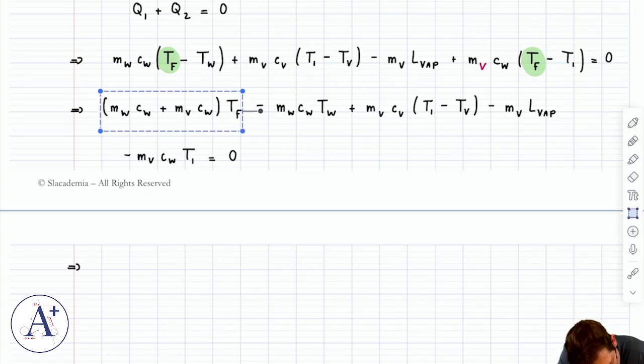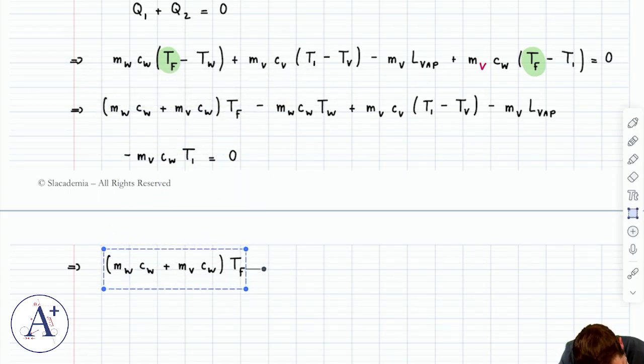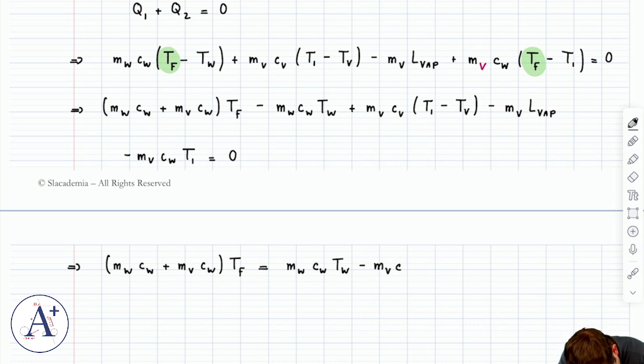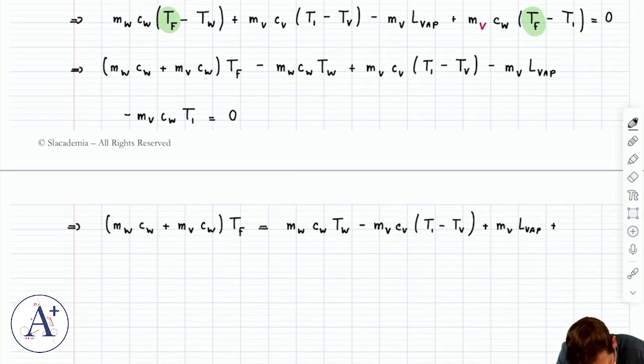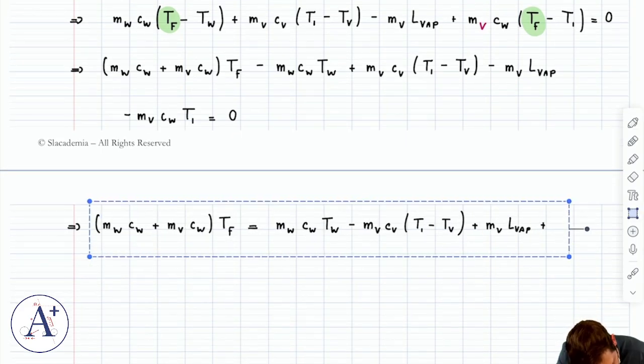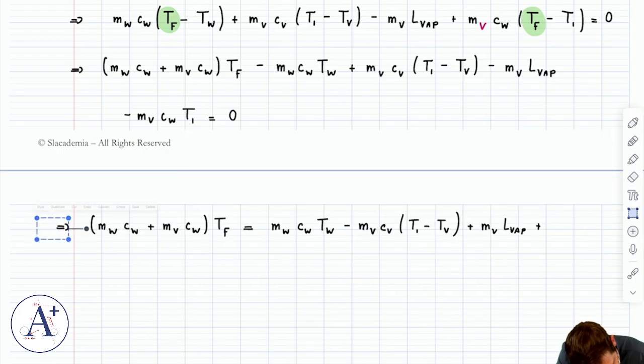Okay, so this thing here is going to be equal to, I'm going to throw everybody to the other side. So we're going to get mass of water, C water, T water, minus MVCV, T1 minus TV, plus MV LVAP, plus, getting tight, plus MV CW T1.